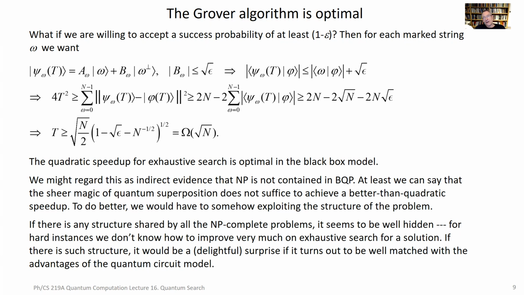Because the square root of 2 to the n is 2 to the n over 2. Yeah, I guess that's right. So that's okay.